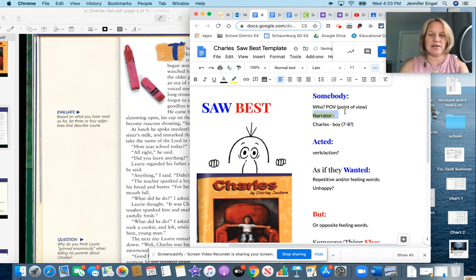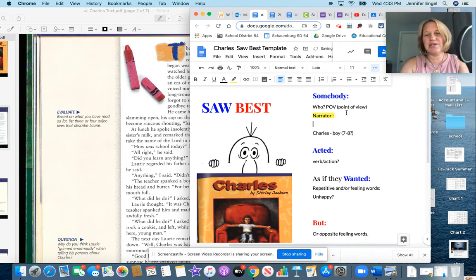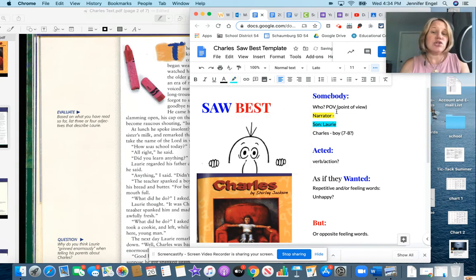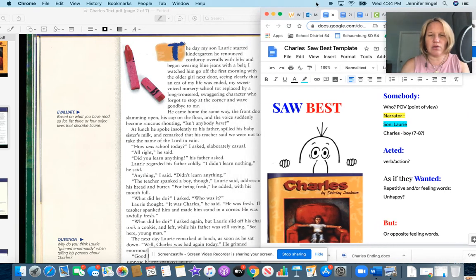But it seems as if she has a son named Laurie. I'm going to put him in blue just so I can kind of remember. Okay, so she's telling the story from her point of view, but it's actually about her son, Laurie.